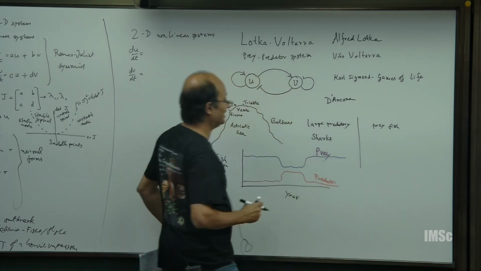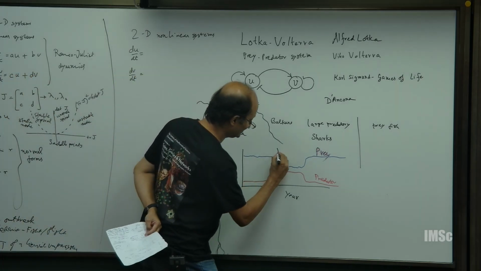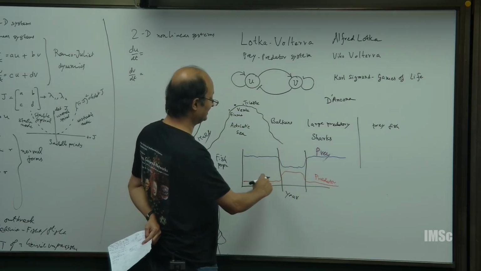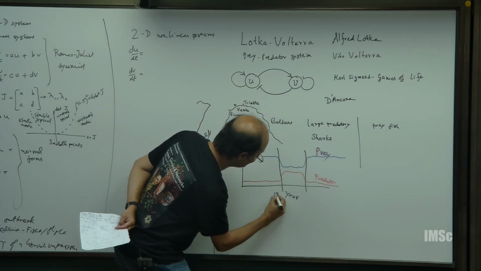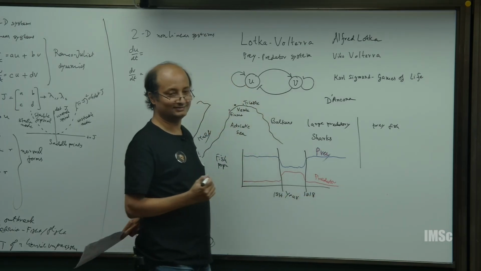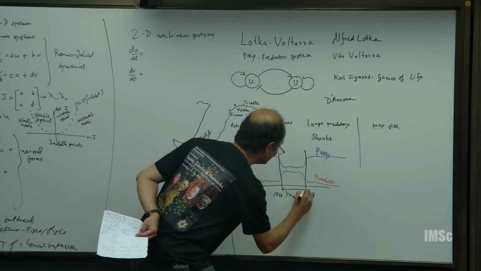Now, what are the years we are talking about? The period where you see this dip in prey and the rise in predator is the period 1914 to 1918. Anything special about that period? Yeah.